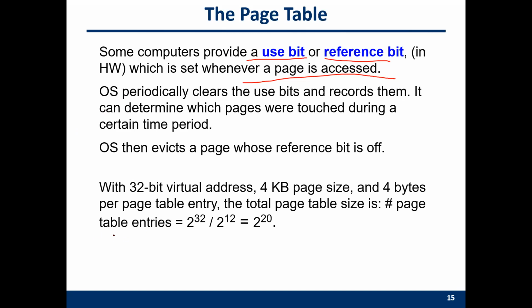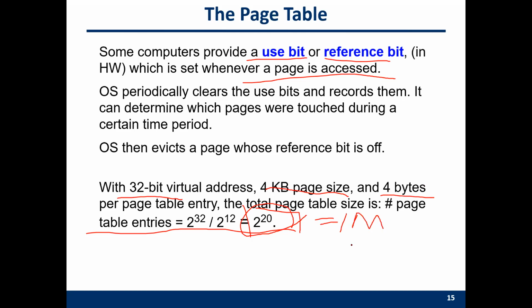So we did this calculation before. If the virtual address is 32 bits and each page is 4 kilobytes, totally we have 2 to the 20 entries, which is 1M.